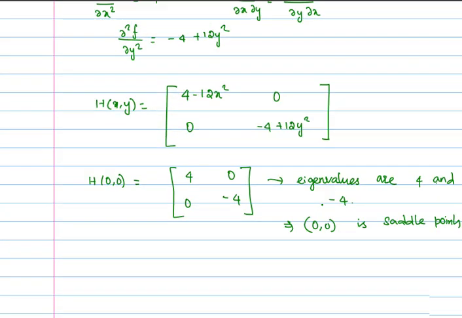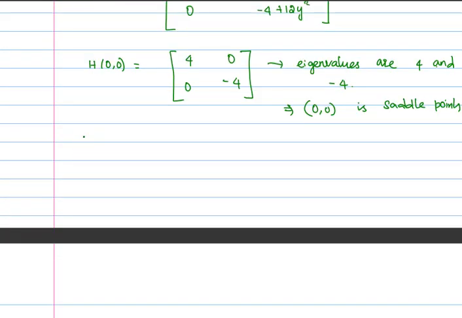Now the second stationary point, (0, 1). I calculate H(0, 1), with x equal to 0: the entries are 4, 0, 0, and −4 + 12, which is 8. With the same idea, the eigenvalues of this matrix are 4 and 8.